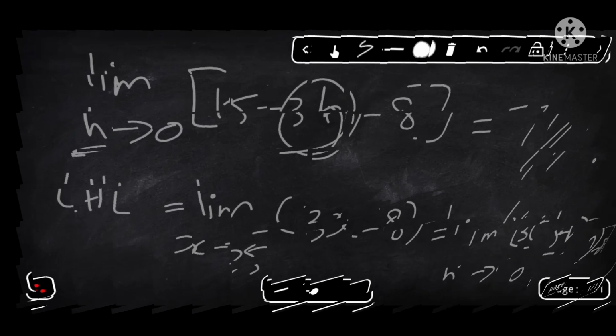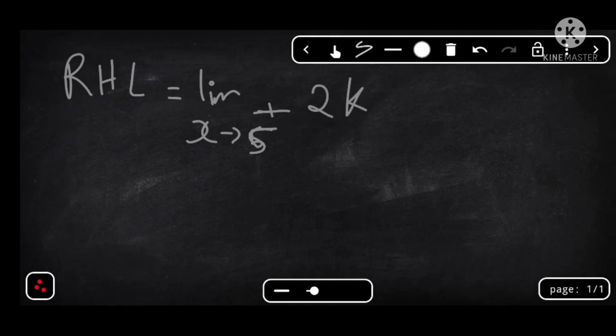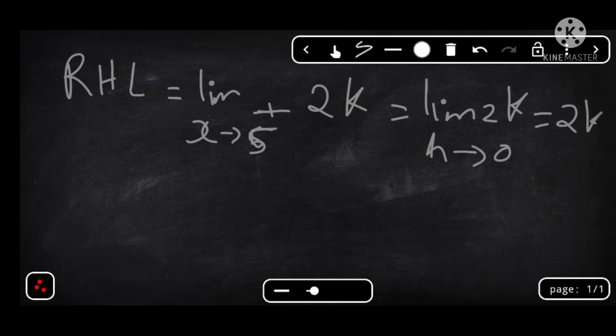Let's check the RHL value. RHL will be equal to limit x tends to 5 plus. That is 2k, limit h tends to 0, there will be 2k, which is equal to 7.